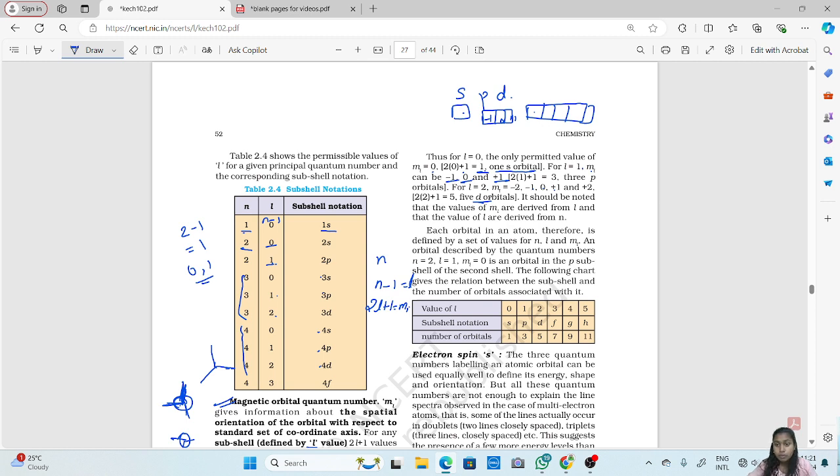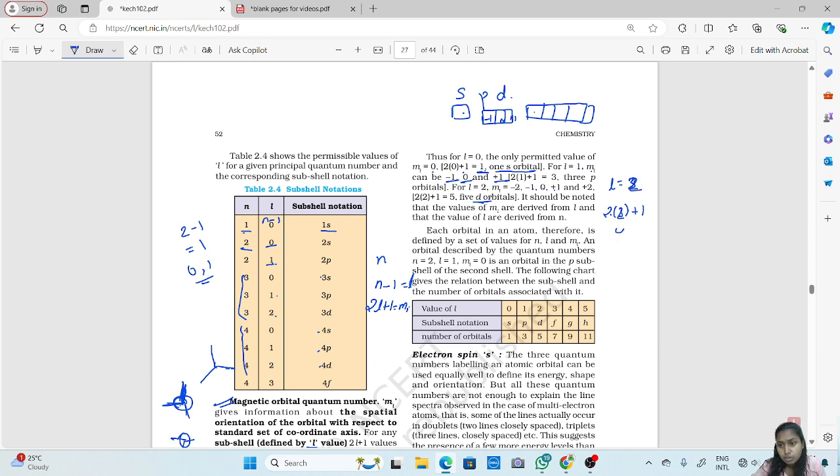For l equals 3, it will be 2 multiplied by 3 plus 1. Wait, I'll take an example of l equals 2.